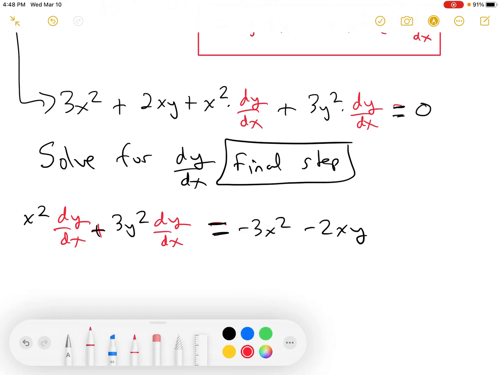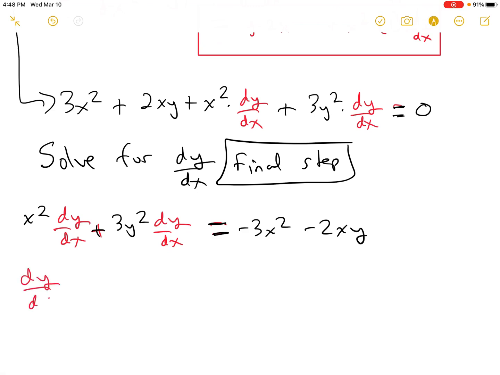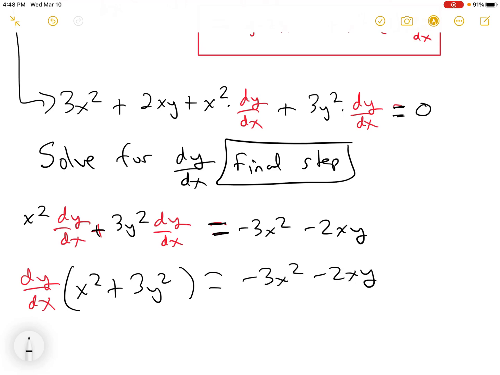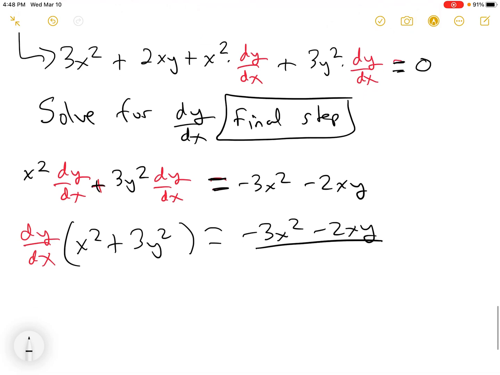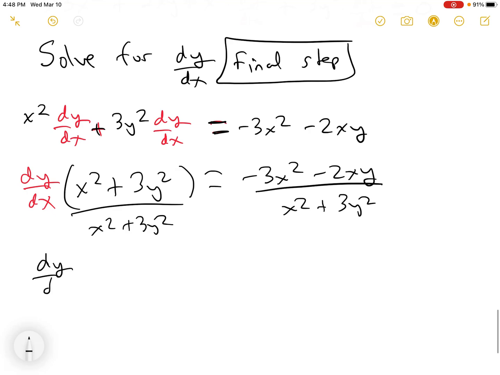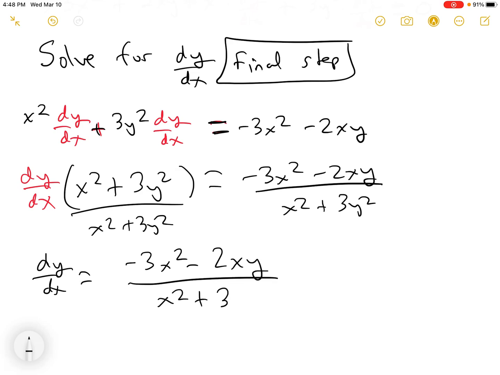And then on the left hand side we factor out a dy dx, and now divide by x squared plus 3y squared, and so dy dx equals minus 3x squared minus 2xy over x squared plus 3y squared. And that's the derivative.